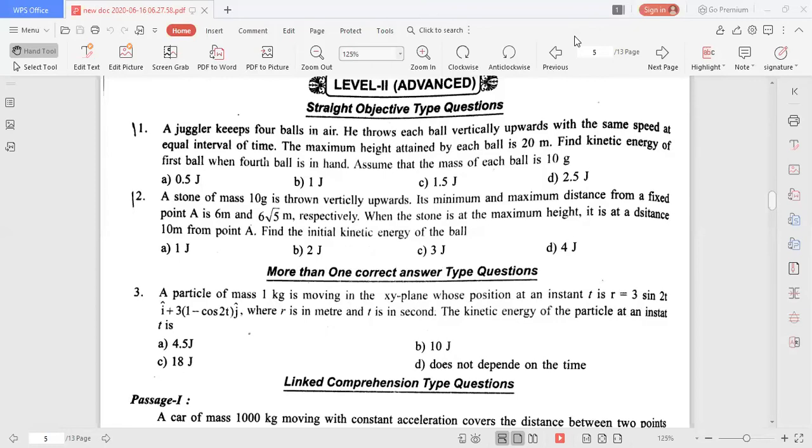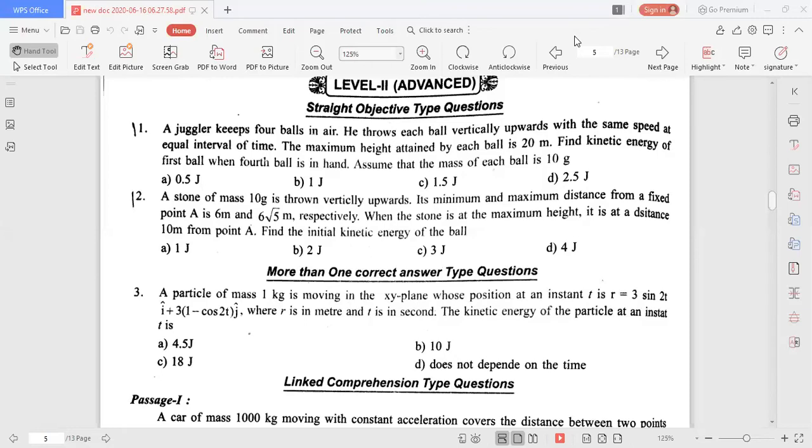Okay, so you see here, the position vector of the particle is given, which varies with time. Then the velocity vector v bar is equal to dr bar by dt. That is d by dt of r bar, which means 3 sin 2t i cap plus 3 times (1 minus cos 2t) j cap.